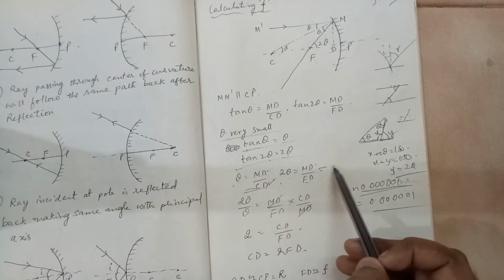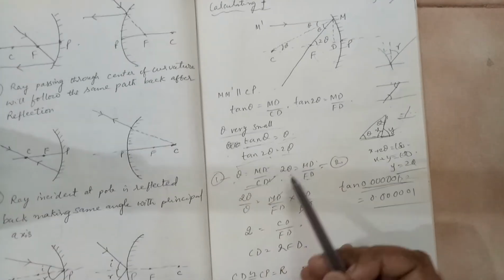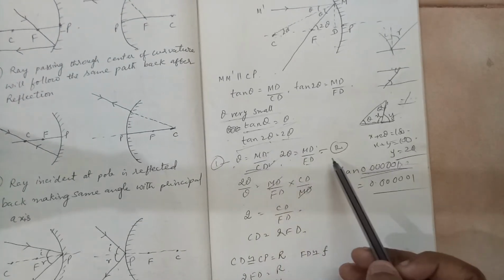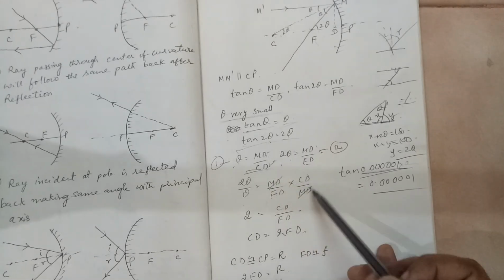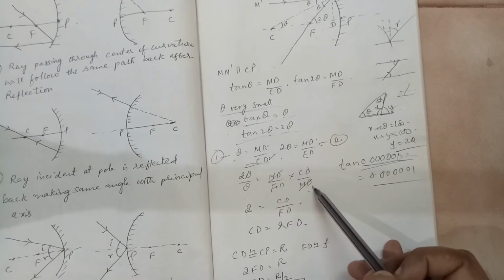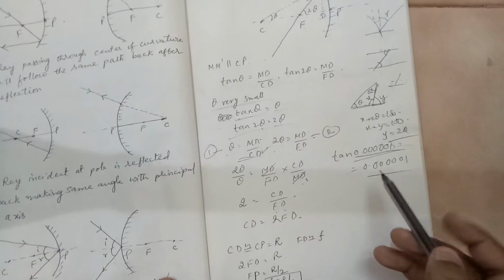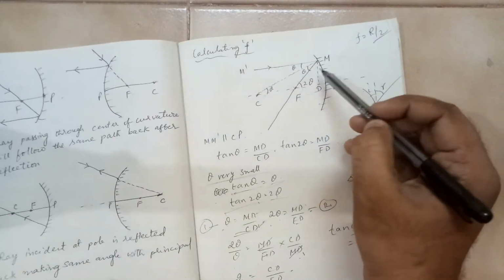Let us say this is equation 2, this is equation 1. 2 divided by 1, you get 2 theta by theta. And this will be MD by FD into, this will be inverse, CD by MD. MD cancels, we are left with CD divided by FD. Now in the discussion I am saying that this is very small. What is this D?